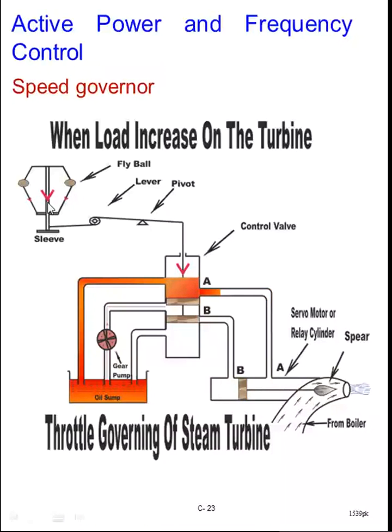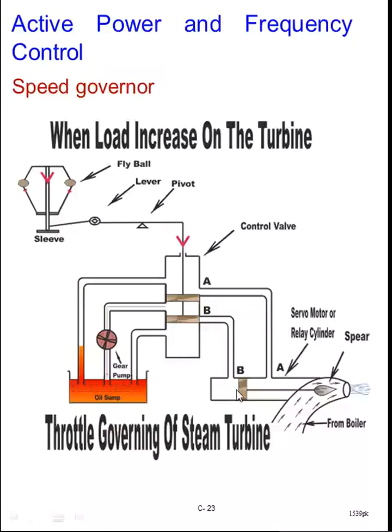As a result, this side of the piston will move up, and then the oil will be pumped to this portion of the control valve, and pushed to this side of the relay cylinder, and then this piston will be pushed to the right hand side.